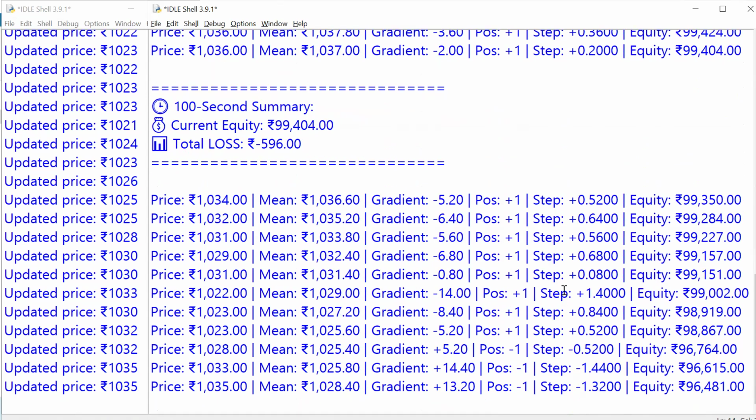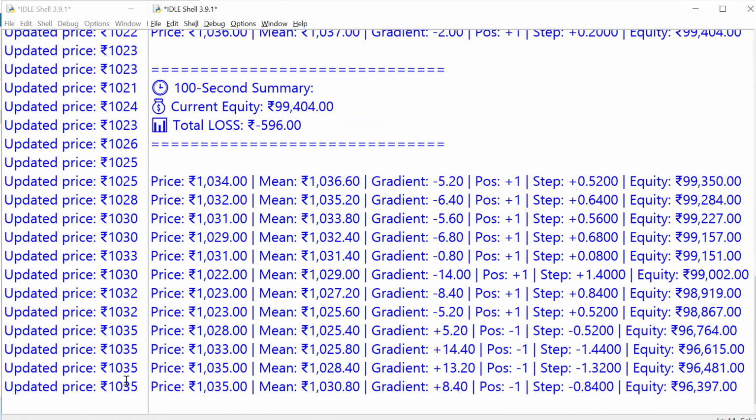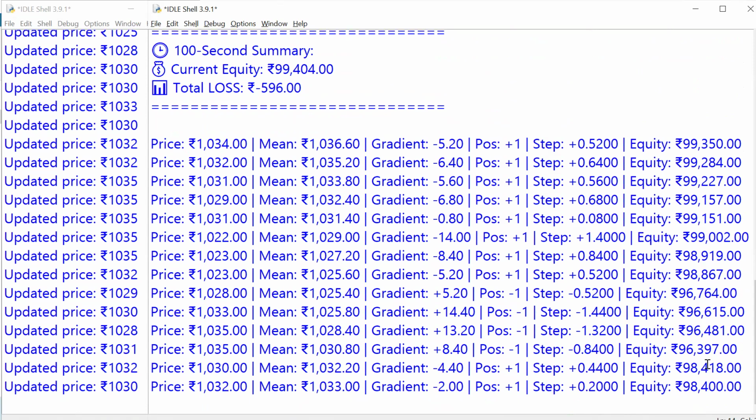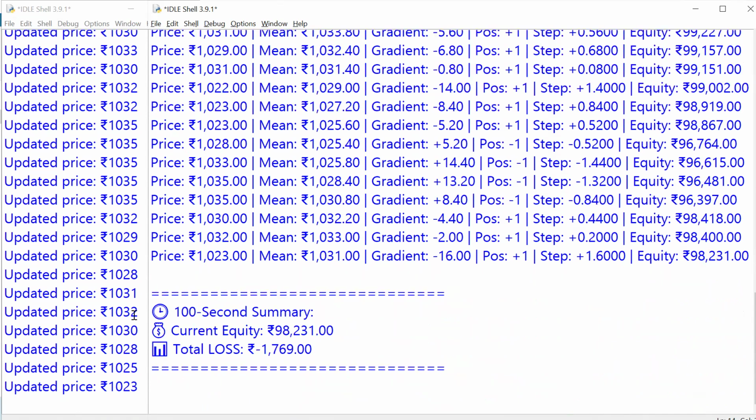That we don't need to worry about. See here, the price is now continuously at one value, so it is not doing anything. When the price stays at one value, it does nothing. See, suddenly the profit has changed to almost 2000 rupees because there was a huge gap in the price.